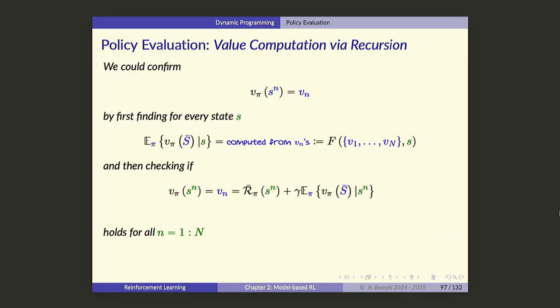No. You are going to get a new bunch of values. So if you write down this equation, the term that comes out of this expression is not going to match. You repeat this, and the values are going to converge to the value of the policy. Yes?